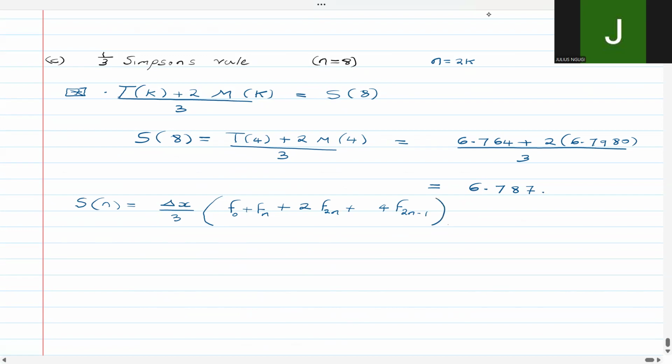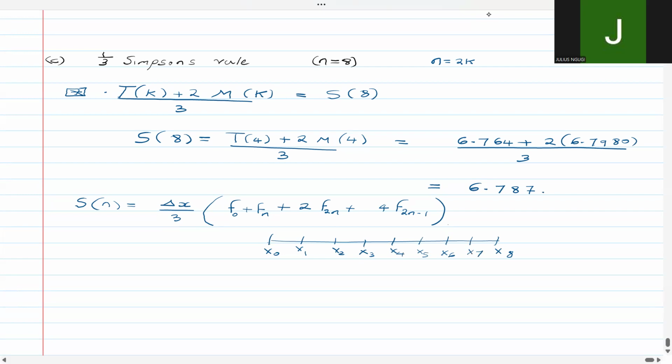So if I was to draw an interval of this form, I have x0, and let me say x8 because I'm using 8 of them. So this one is x1, x2, x3, x4, uniform spacing, x5, x6, x7, and x8.